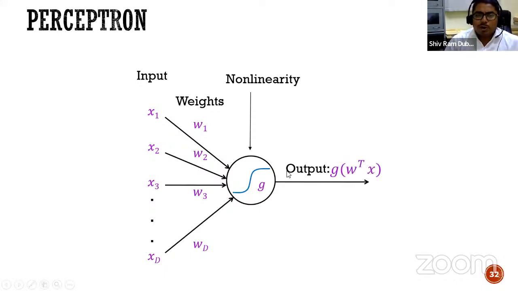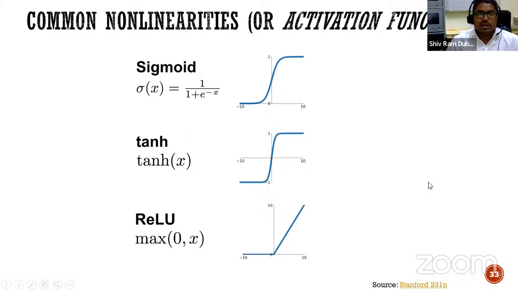So the output of a perceptron can be represented as Z equals G of W transpose X, because this is a matrix multiplication, and with a bias term it becomes W transpose X plus B. G is the non-linearity in this case.